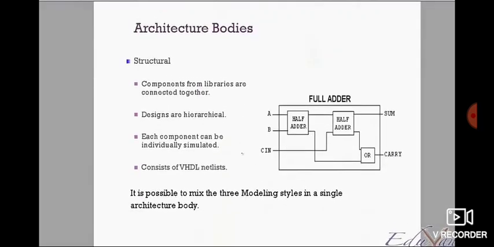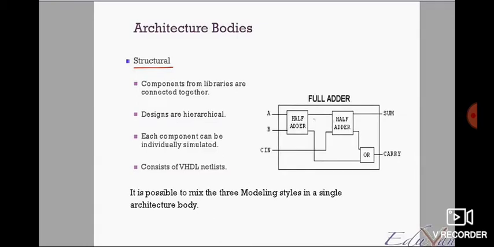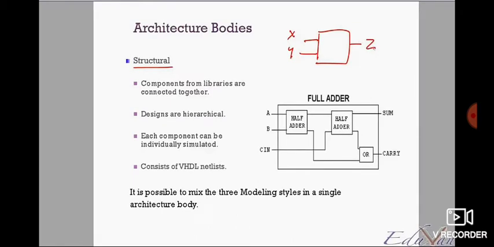And your structural style: if you have designed, let's say, a half adder and you want to use a couple of half adders to design a full adder, I would design one half adder which would have inputs X, Y and outputs Z for sum and M for carry.